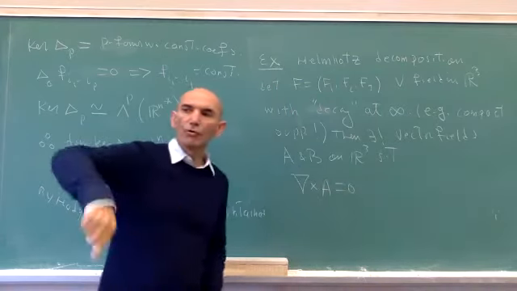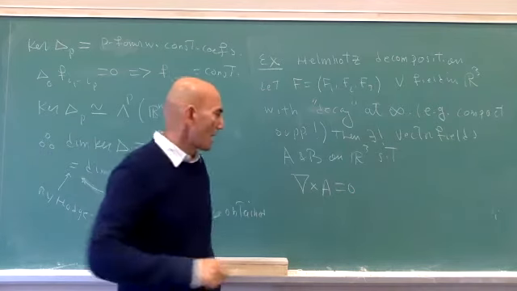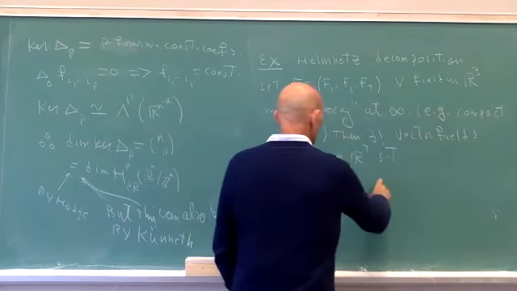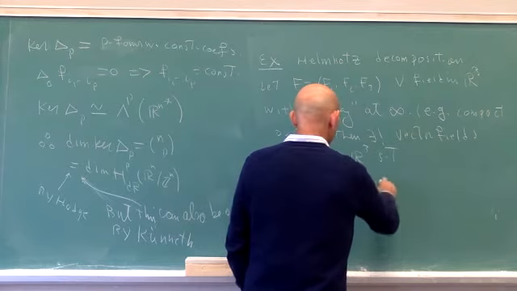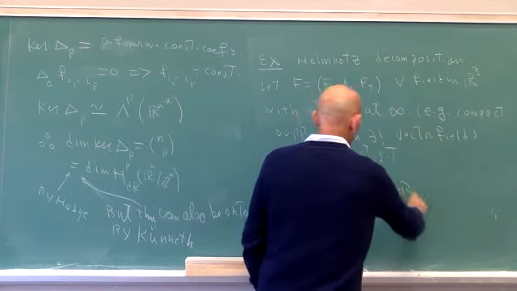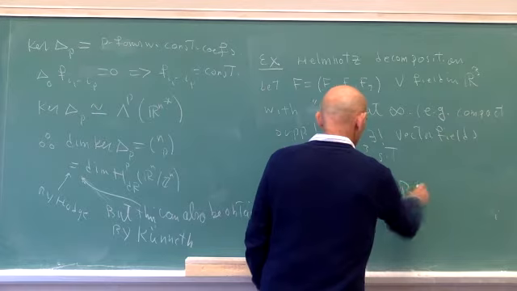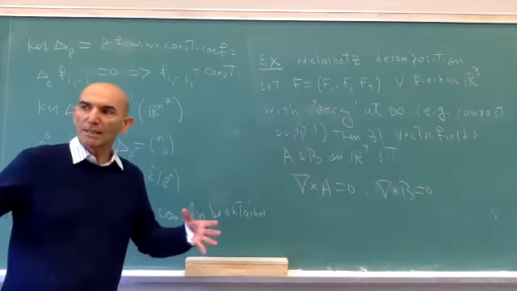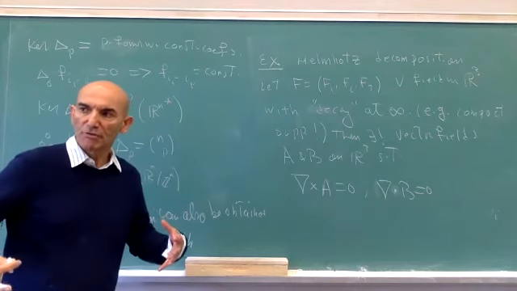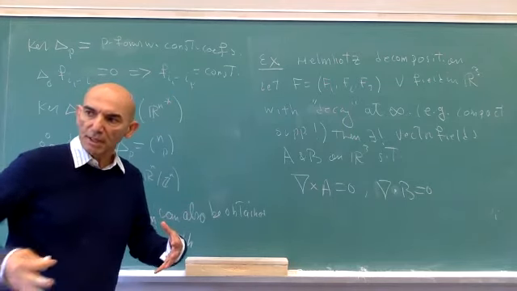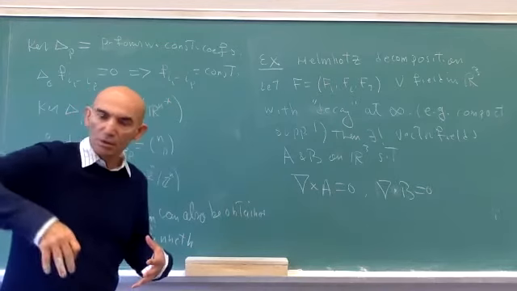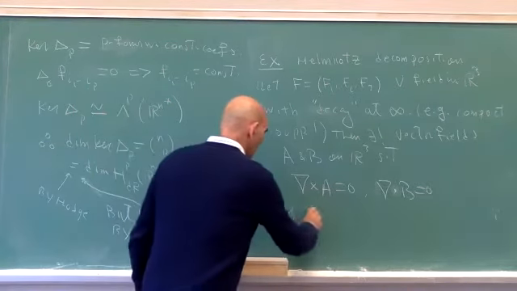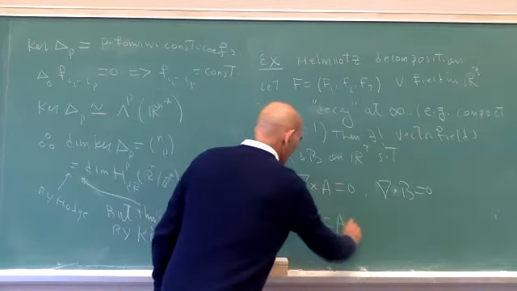So there are no vortices in A. And B is divergence-free. So the flow of B is not expanding or shrinking. It's just volume preserving. And this one has no rotations in it. And of course, F is equal to A plus B.